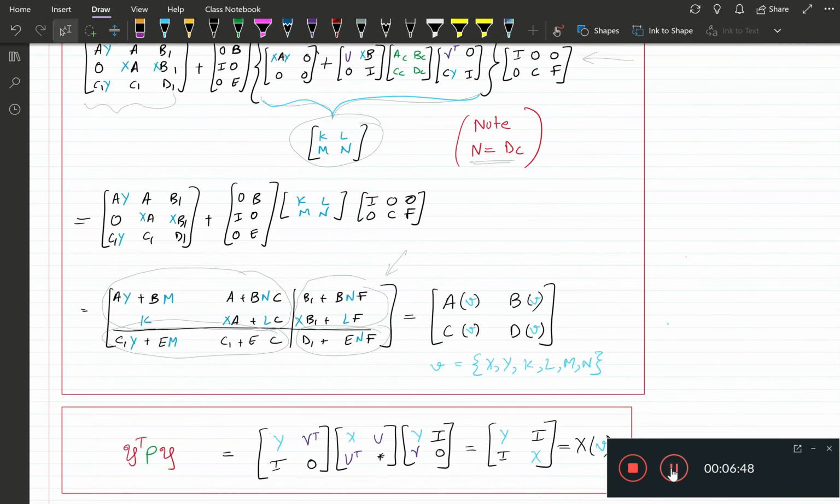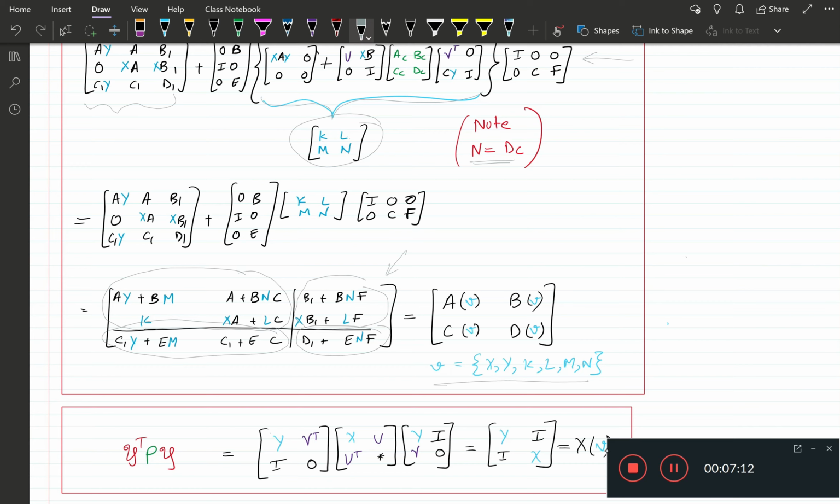Okay, what happens to y transpose P y? We can see that by just substituting our choice of y, we get y transpose P y equal to X of v, and let's call this X of v because this is again linear in v, and v is the collection of all these variables, and there are no products here.